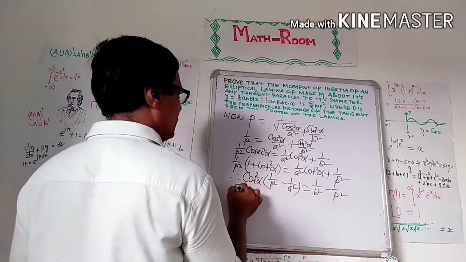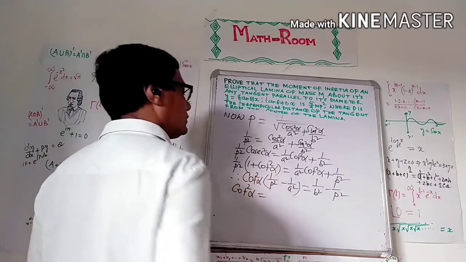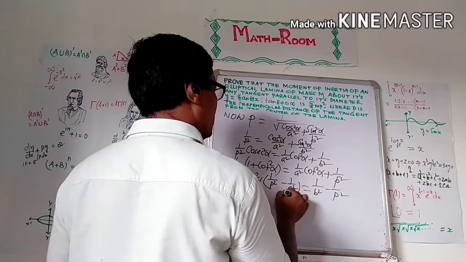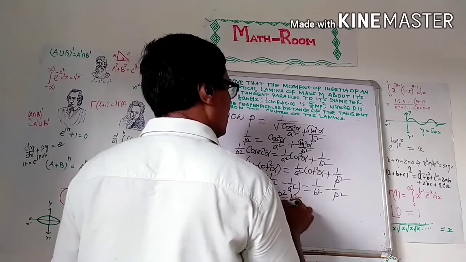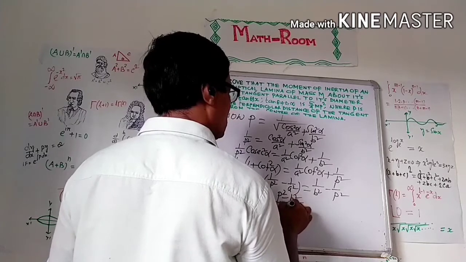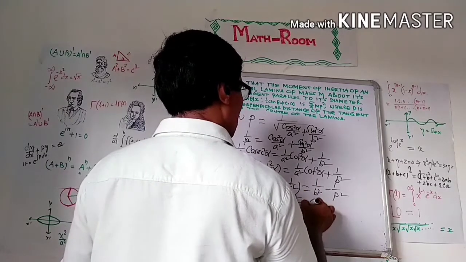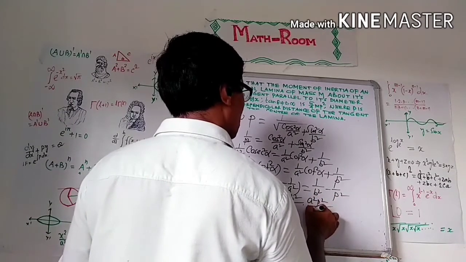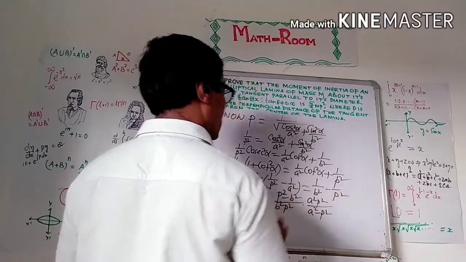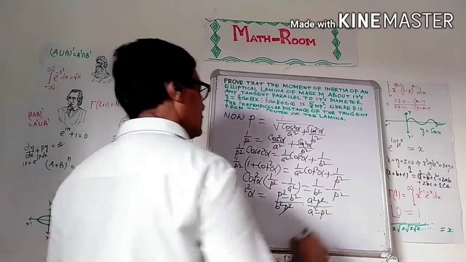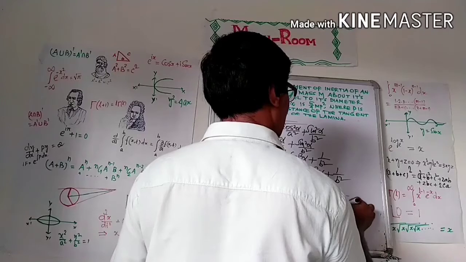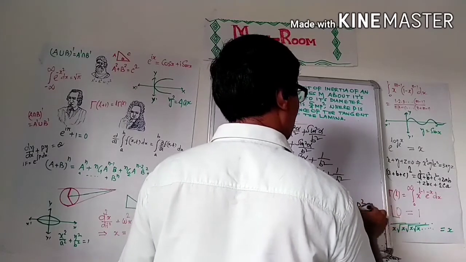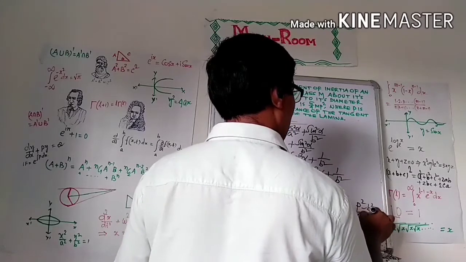So cot square alpha equals a square times p square minus b square over b square times a square minus p square, that is, the terms cancel out.